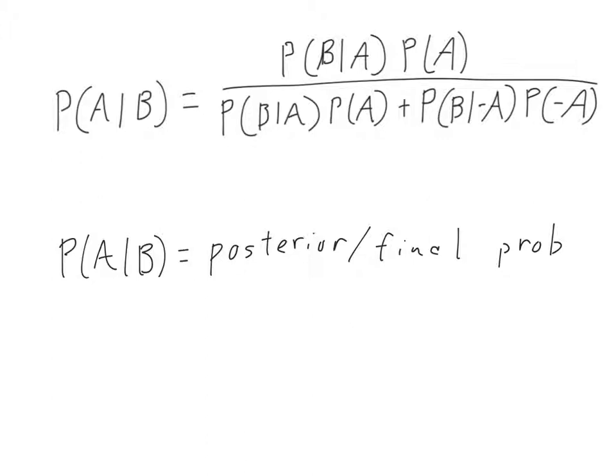So before you go and consider the evidence, you have to say, all right, well, how probable was my hypothesis in the first place? That is what we call probability A here, the prior probability. So this is how likely you think your hypothesis is true before you gather any more data, before you find any more evidence for or potentially against it.